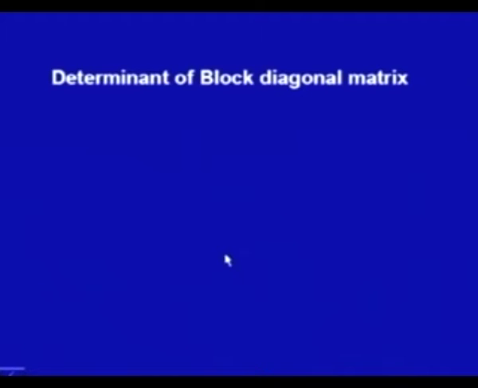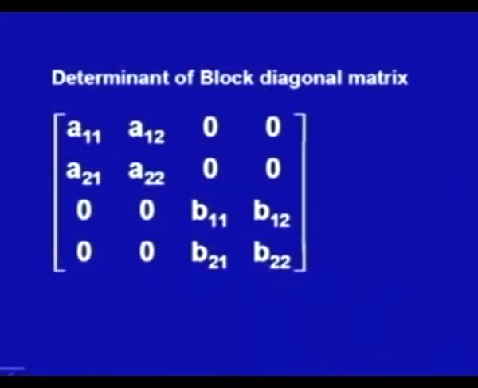We have seen that if the matrix is a diagonal matrix, then one can very easily calculate the determinant by simply multiplying the diagonal elements. Let us see what happens if the matrix is a block diagonal matrix. By this I mean that I have a matrix of order, say, 4 by 4, and this can be partitioned into sub matrices.